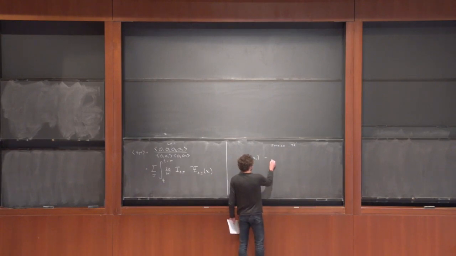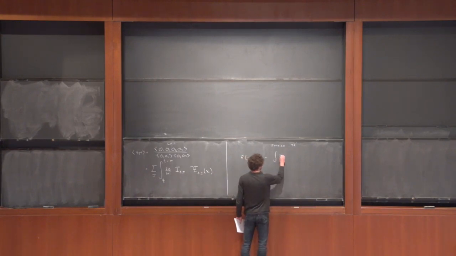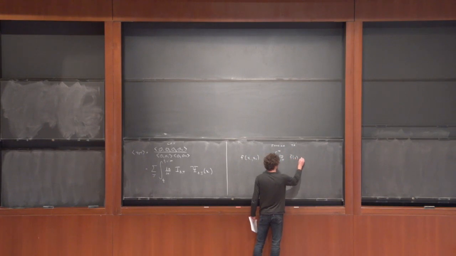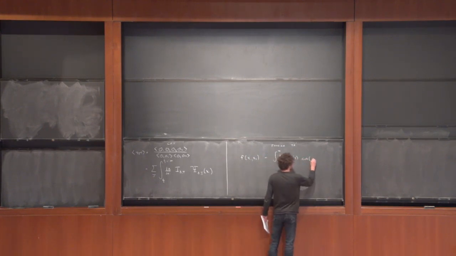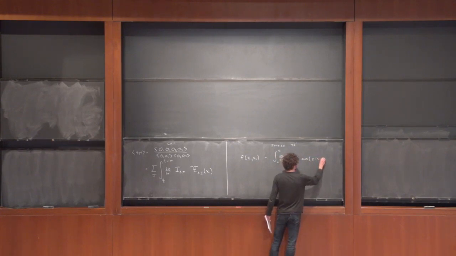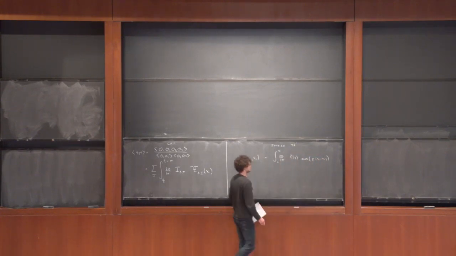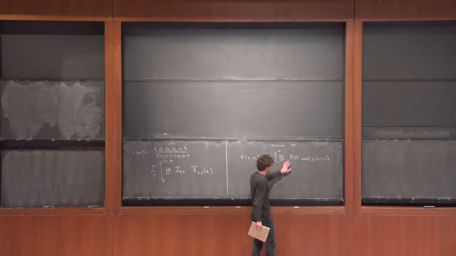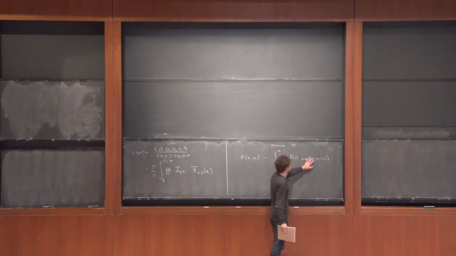Then we could expand it in a complete basis of functions for that space, with some coefficients. We could expand it in a set of these cosines. So these are just a complete basis for this space of functions.